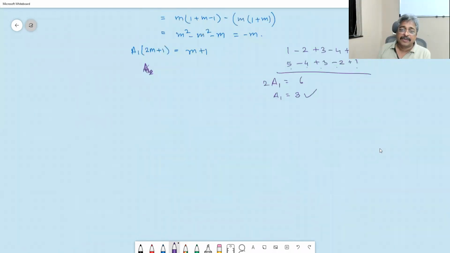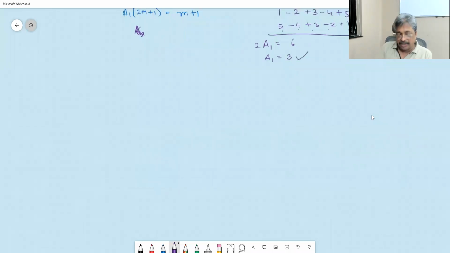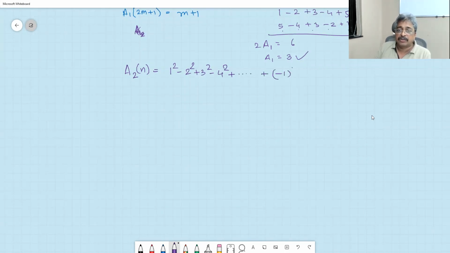Okay. Now you show your skill. The next one: A2 of n is equal to 1 square minus 2 square plus 3 square minus 4 square plus dot dot dot plus minus 1 raised to n minus 1 times n square.